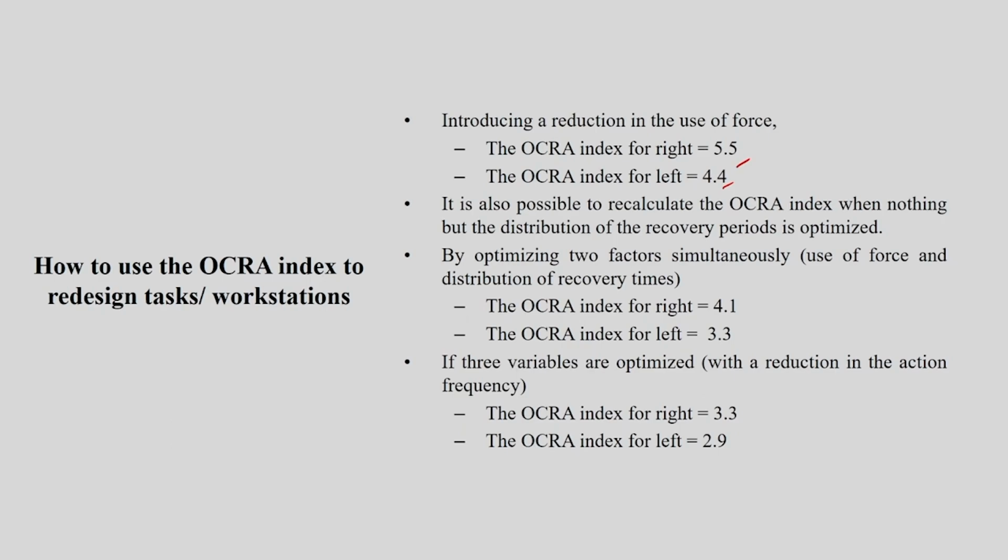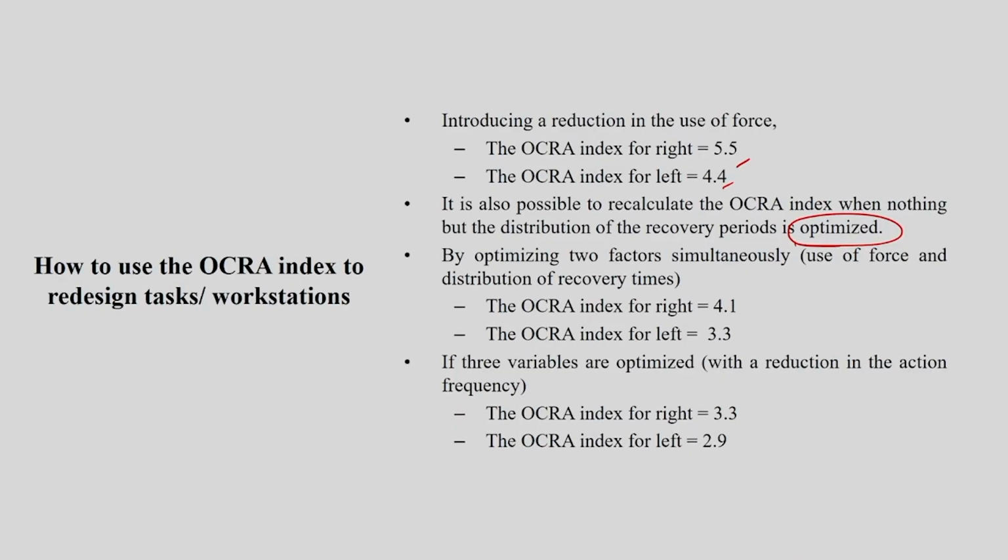the recovery period, is optimized. So, if you are redistributing, rearranging the recovery period, only then can the optimization be done. So, anyway we always say we cannot make any risk zero, we can just do the optimization.